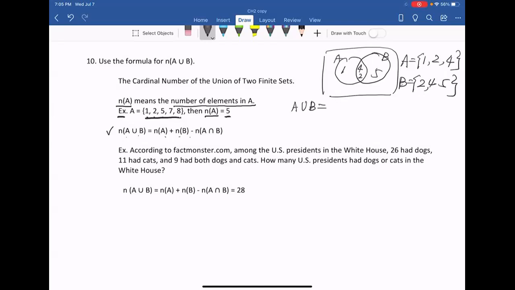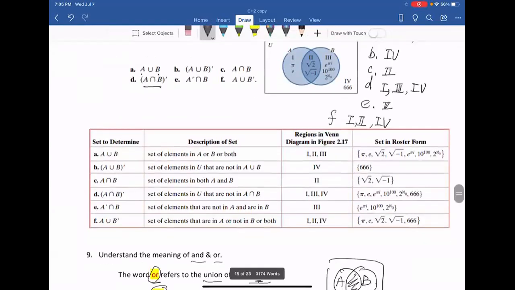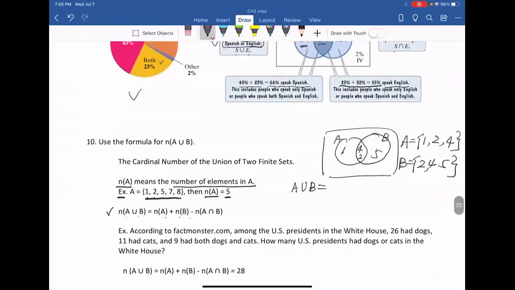Remember that for the union of sets, we add them together. The union of A and B, we don't need to put the repeated elements in it, which is 1, 2, 4, 5.